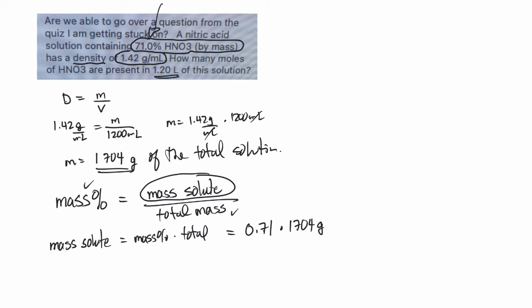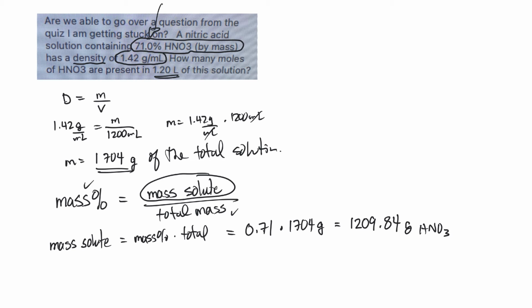Okay, let's multiply that. 1,704 times 0.71. So the total mass of nitric acid that I have in the thing is 1,209.84 grams, and that's of nitric acid.